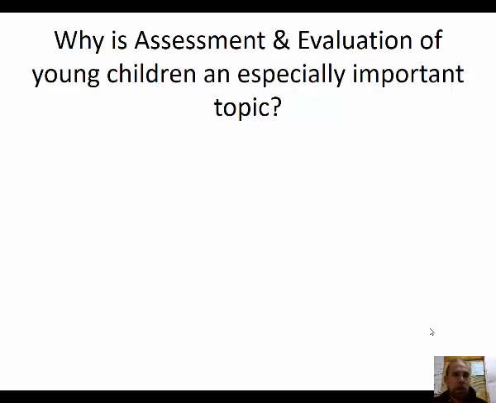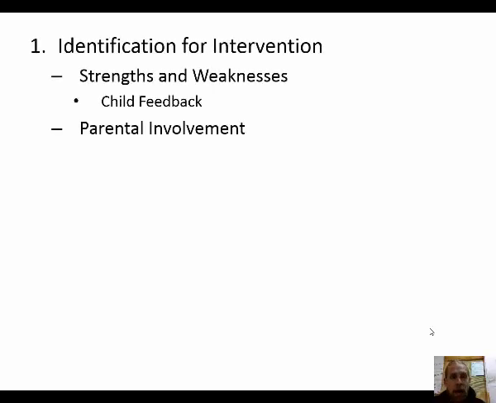So why are you here in a specific assessment course for early childhood? Why aren't you in with the AYA or some other course on assessment? What makes this so important that it has its own course? Well, you probably already know, but you are at the front lines of identification.